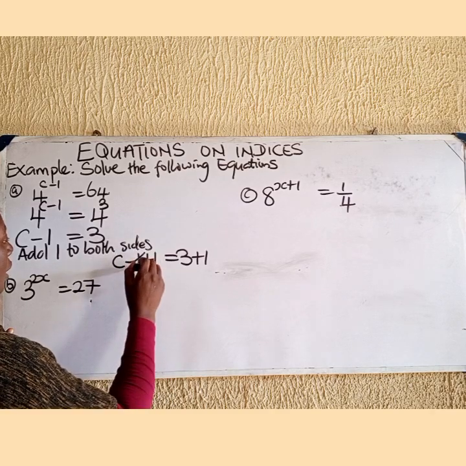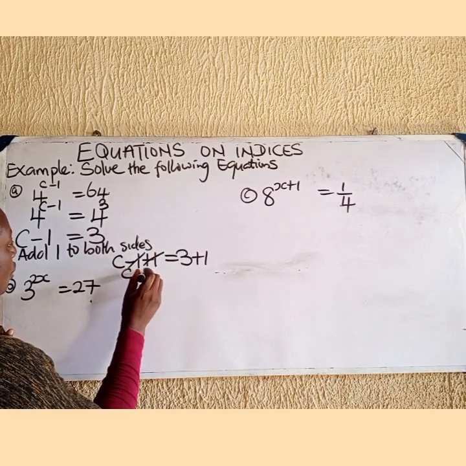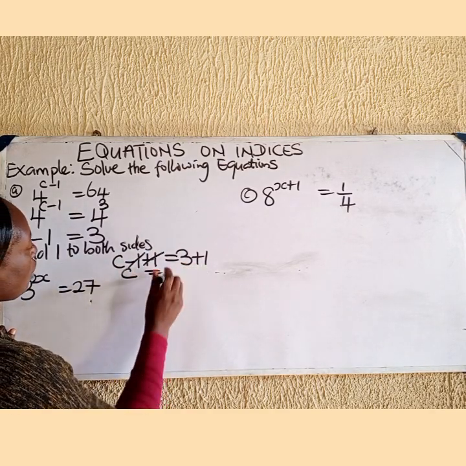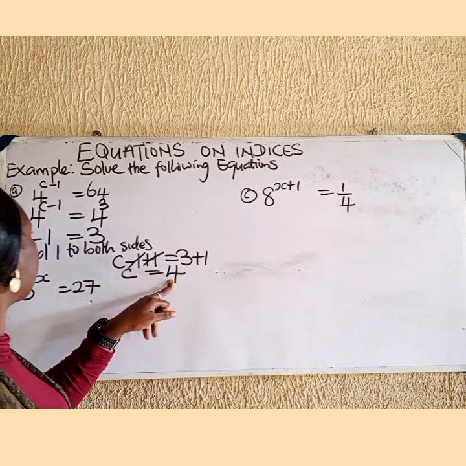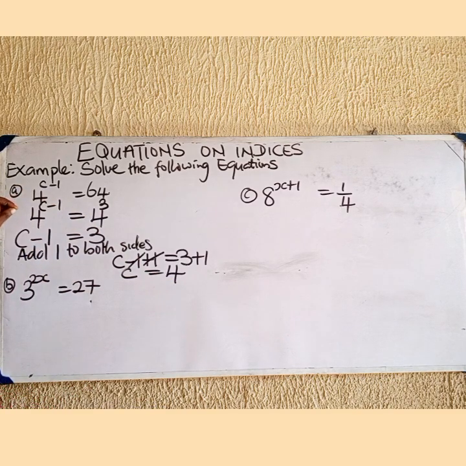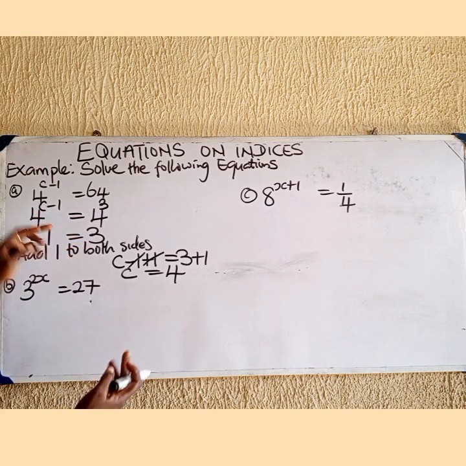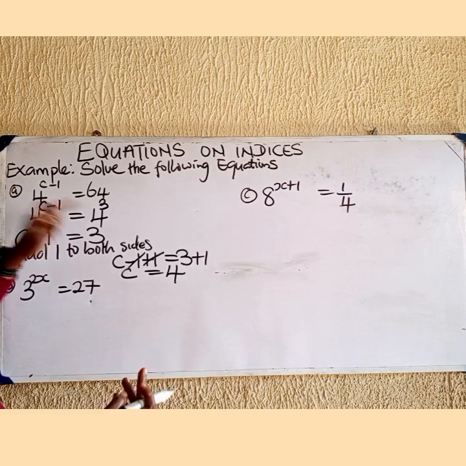Now minus 1 will cancel plus 1. c will be equal to 3 plus 1, which is 4. So my value of c is 4. And for you to check, you can also put this 4 in c, which is 4 raised to power 4 minus 1, and 4 minus 1 will give me 3. So this is 4 raised to power 3, which is equal to 4 raised to power 3. So you can see they are equal.